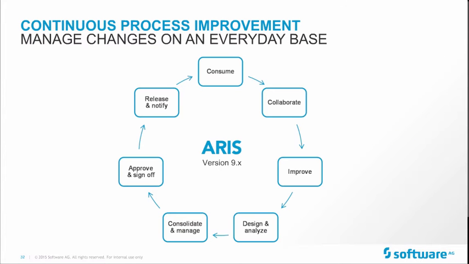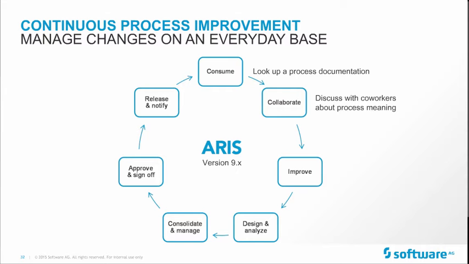So let's have a short example of how continuous process improvement works and what a process lives through on an everyday basis. You have people in a company, the business users. They are looking up the process documentation, they are consuming process information, and probably if it works fine, they will start collaborating with other users, other co-workers in the company.